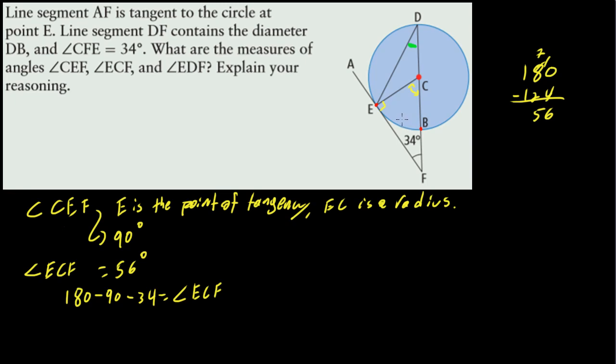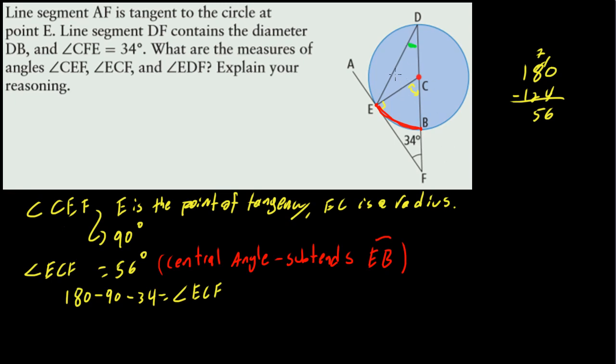So what I'm going to use here is our arc EB. This is subtended by a central angle ECB, which we already know is 56 degrees. I'm just going to put central angle, and it subtends arc EB. Just going to put that as a note.